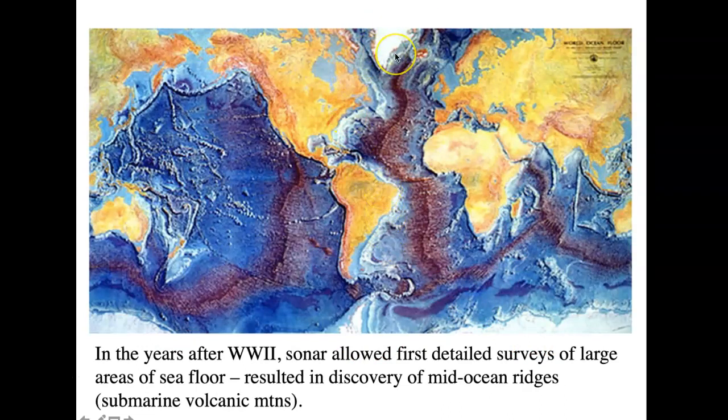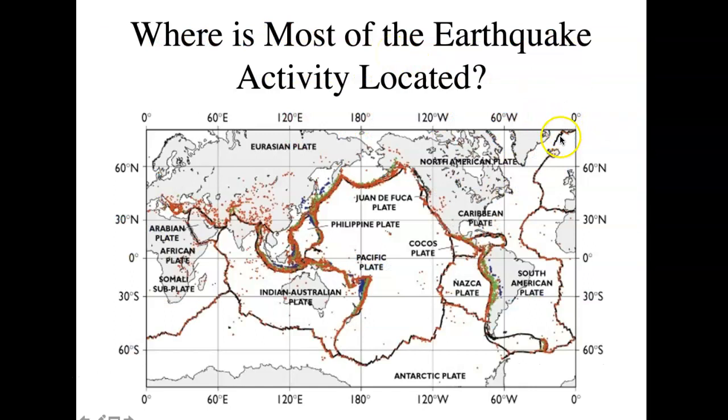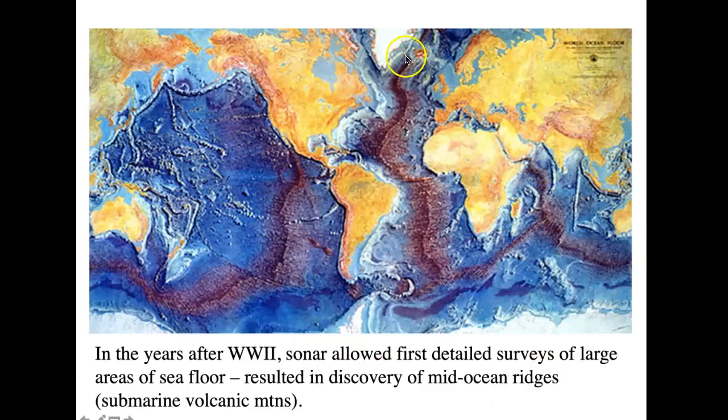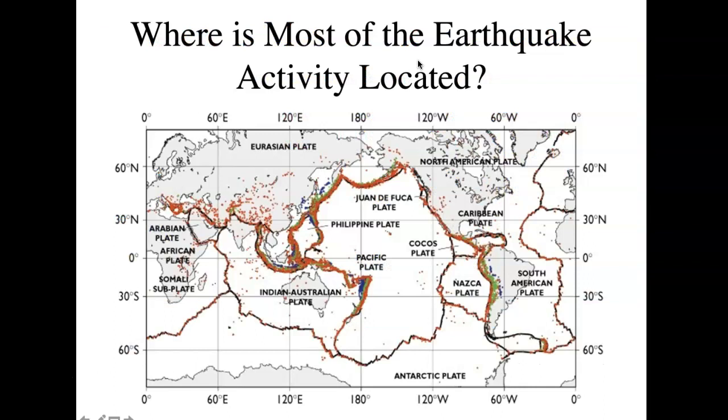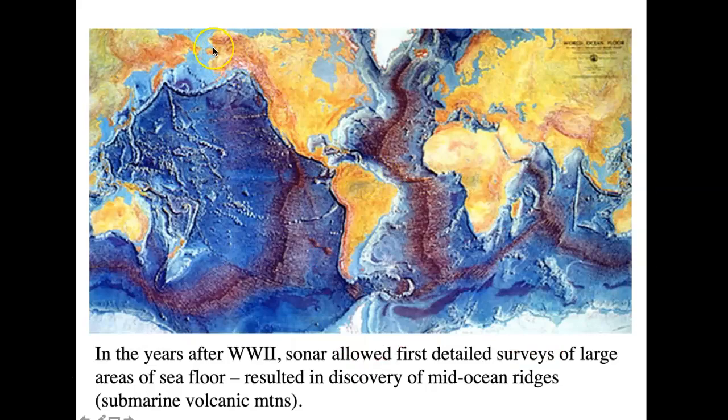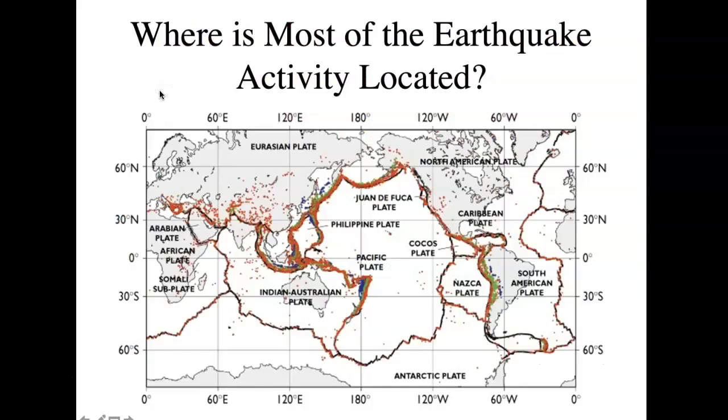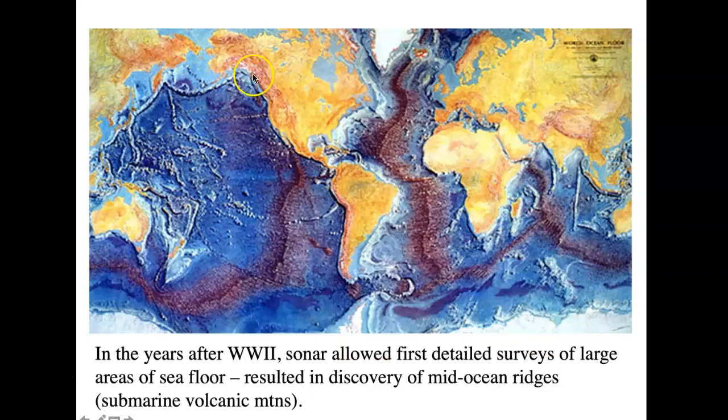What's interesting is you'll see right down the middle of the Atlantic Ocean there's quite a bit of earthquake activity. And right down the middle of the Atlantic Ocean is this huge underwater mountain ridge system. What we started to find out is that where we have these big valleys, here in the Pacific Ocean, this is going to correlate with some of our huge trenches, these deep underwater valleys.